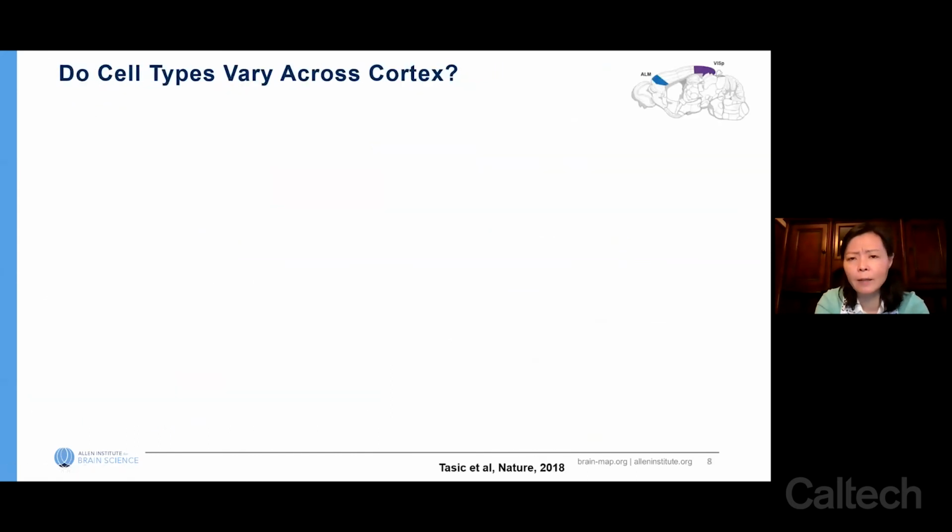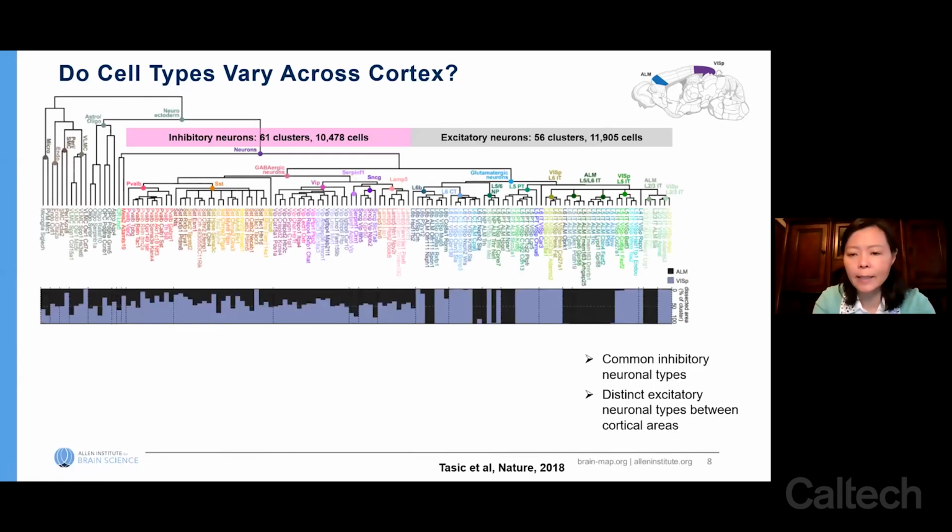We also compared cell types across different cortical areas using this mouse study of 2 cortical regions, primary visual cortex at the back end of the cortex and anterolateral motor cortex at the front end. The major finding from that study was that the GABAergic interneuron types are shared across those 2 different areas, whereas the glutamatergic neuron types are largely distinct.